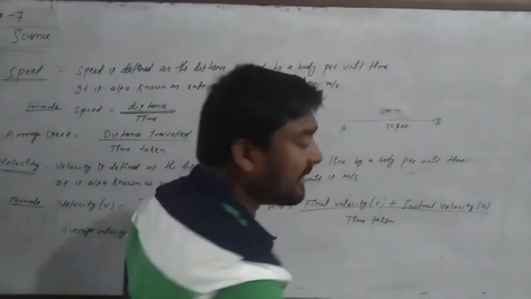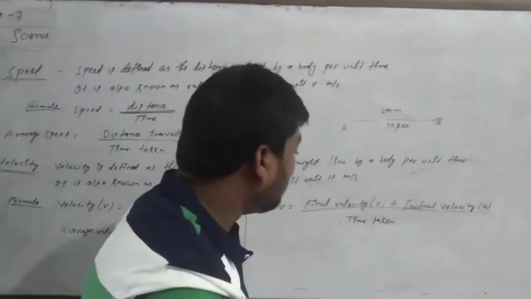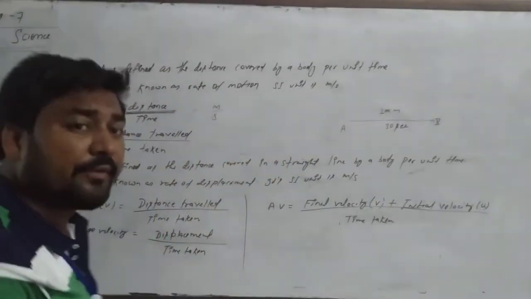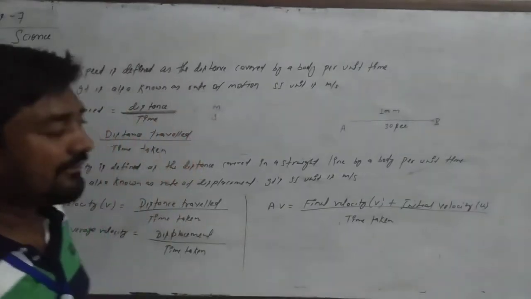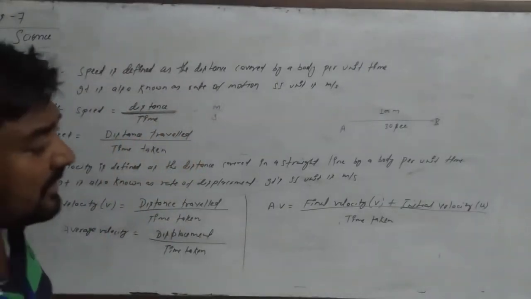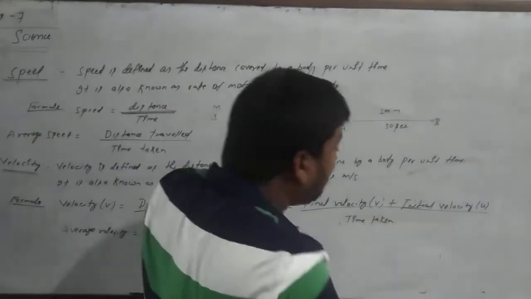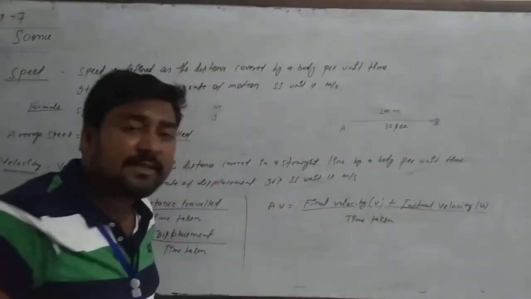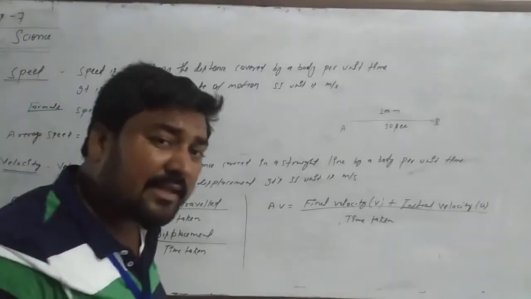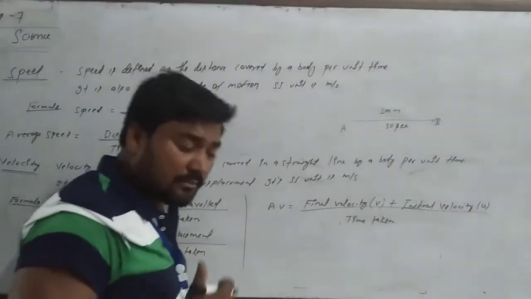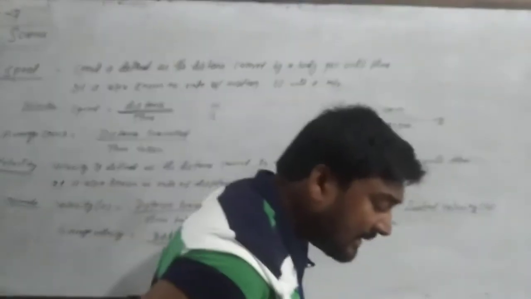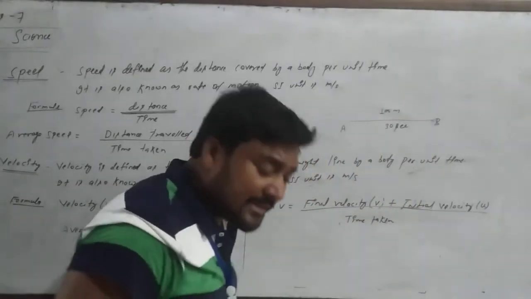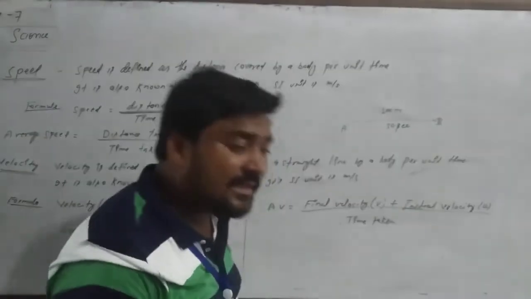We can get both final and initial, and for unit time we can calculate average velocity. So you have to understand what is initial velocity and what is final velocity. Listen everybody: when a vehicle starts and begins to go, that is the initial velocity.